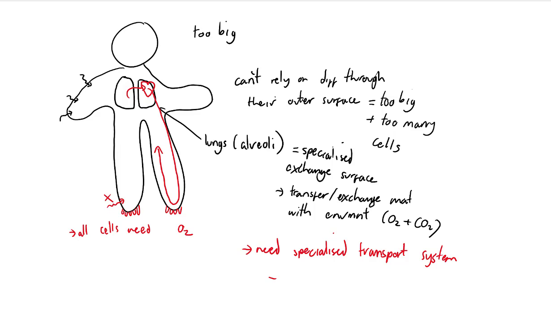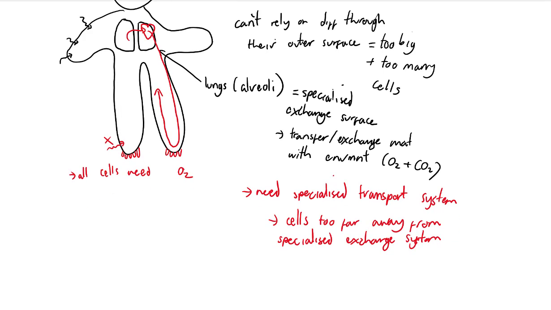And the reason for that is because basically they have cells which are too far away from the specialized exchange system. So the specialized transport system sends it all around their body.